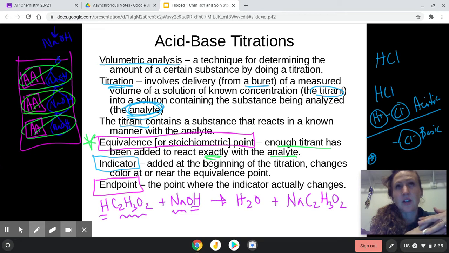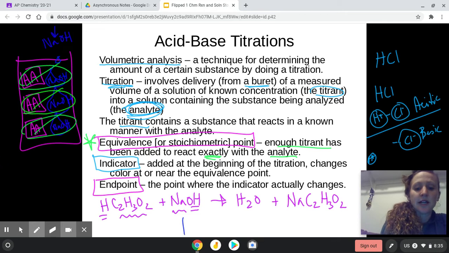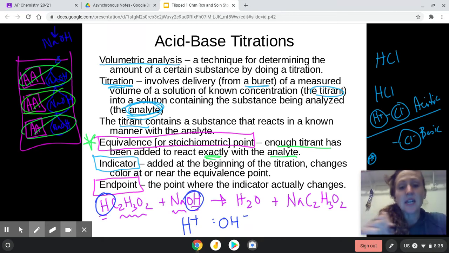If there's hundreds of indicators out there, and each one changes at a different place in this H plus to OH minus ratio. They all change at a different point in that H plus to OH minus ratio.